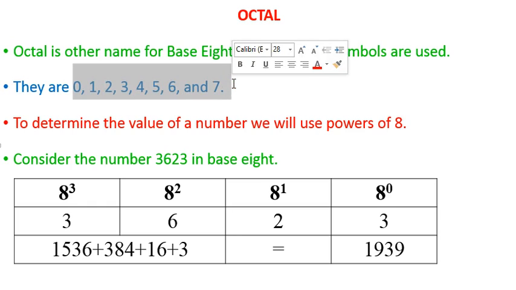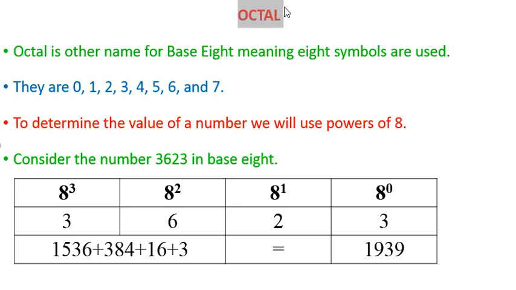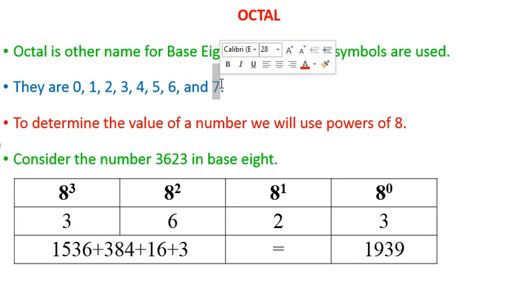If you combine all of them, you have a total of 8 symbols or digits, and that is why we call it octal, base 8. One thing you should notice is that the largest digit should be less than the base, just like in base 2. The numbers we have are only 0 and 1, and 1 is of course less than 2.